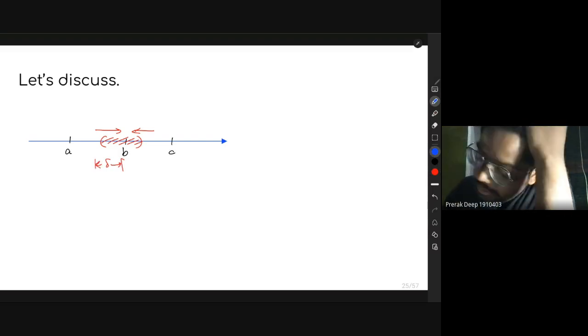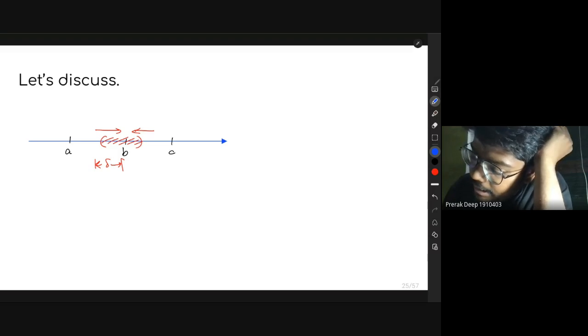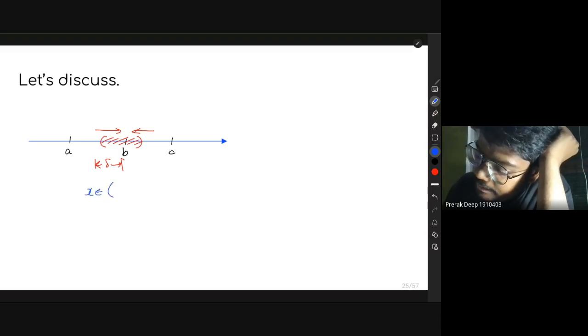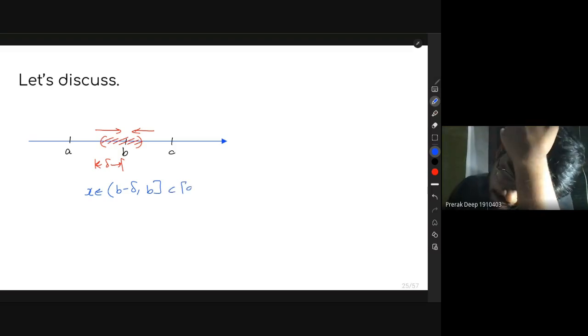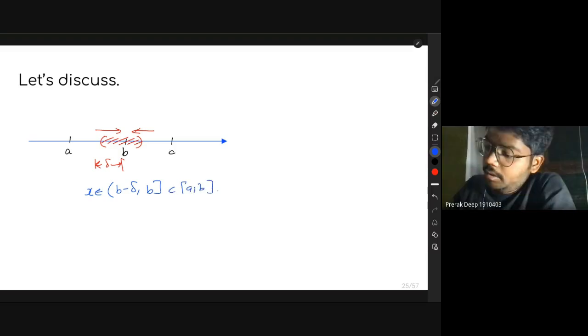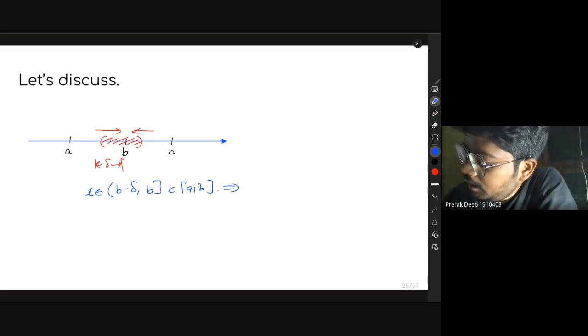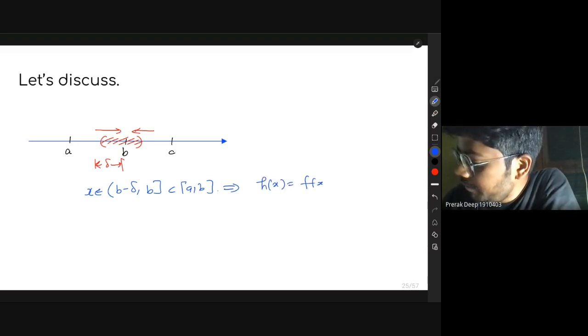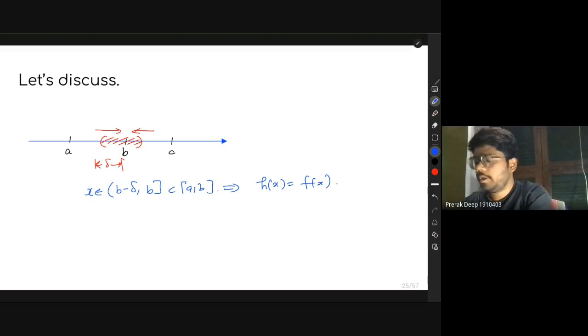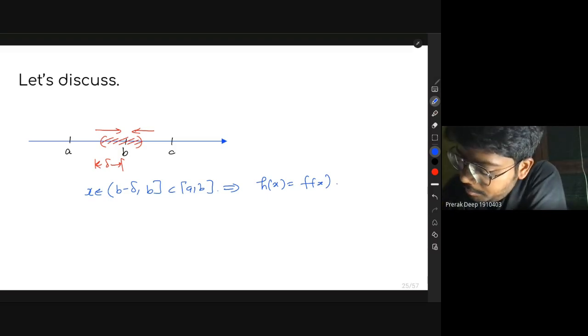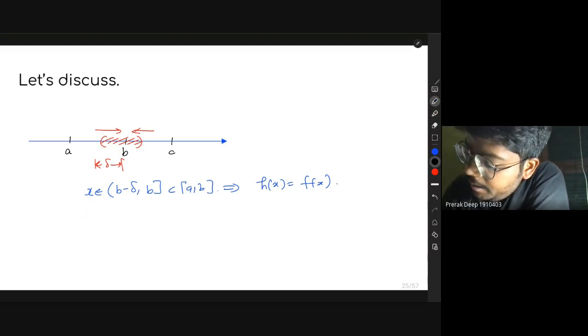If your x belongs to this part, then it is part of this interval and h(x) will be f(x).